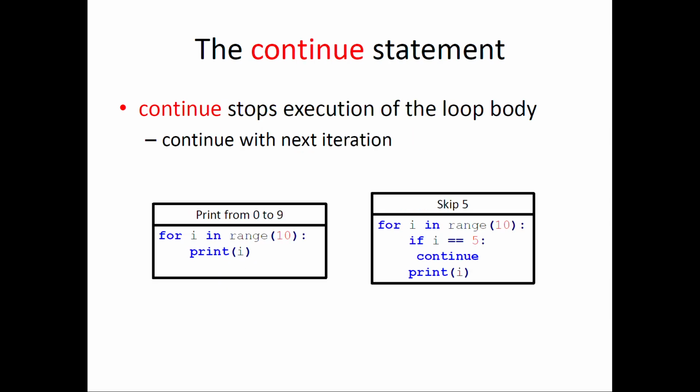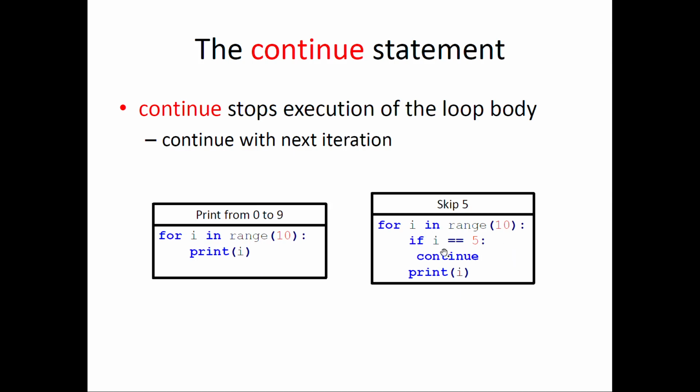Continue is not doing the opposite of what break does. Continue skips an iteration, right? You loop through some numbers, like for i in range 10, where we go from 0 to 9, print i.